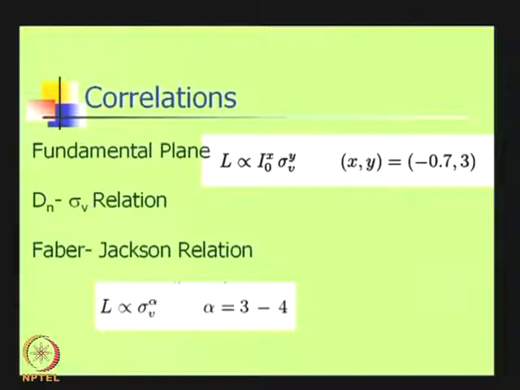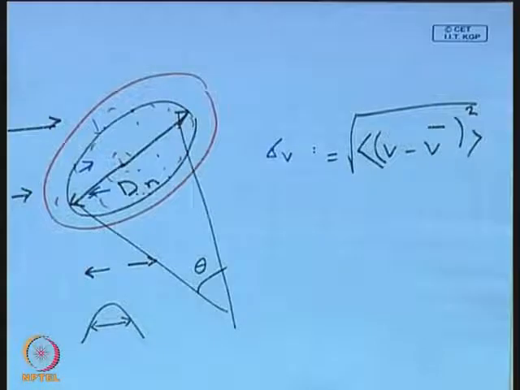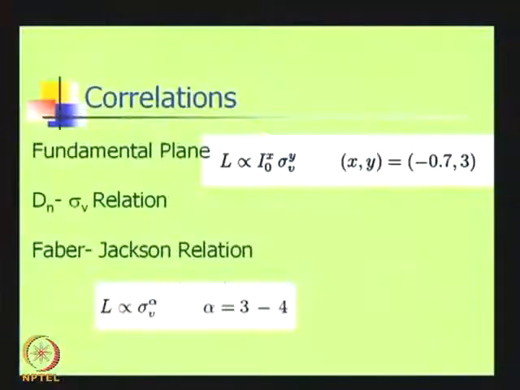Further, there is another possibility which is called the Faber-Jackson relation. This relation relates the luminosity to the central velocity dispersion. So, these are all empirical findings. Some of these can be justified. There is a physical basis for some of these, with physical arguments based on the virial theorem, because we know that the galaxy is in equilibrium.